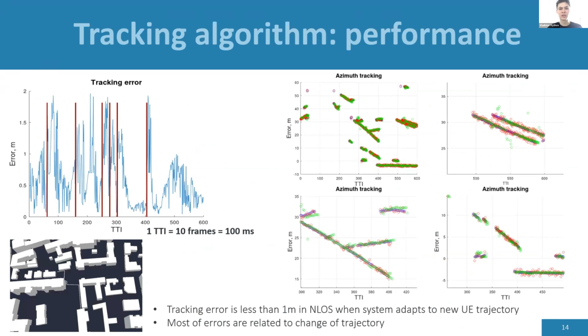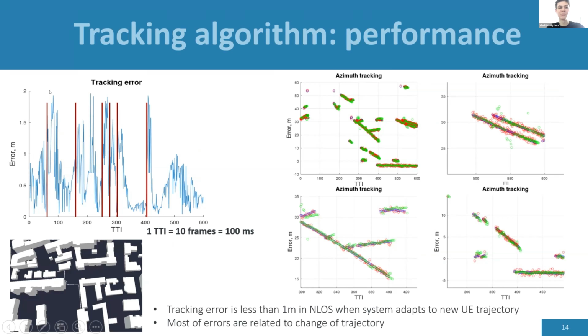Here is the performance of tracking in the Angular domain. We didn't present space domain tracking here, as it adds a little less performance gain than the Angular domain. We see here that in most cases, when the model adapts, it gets less than 1 meter positioning error. The largest error happens when the user on this map changes direction.